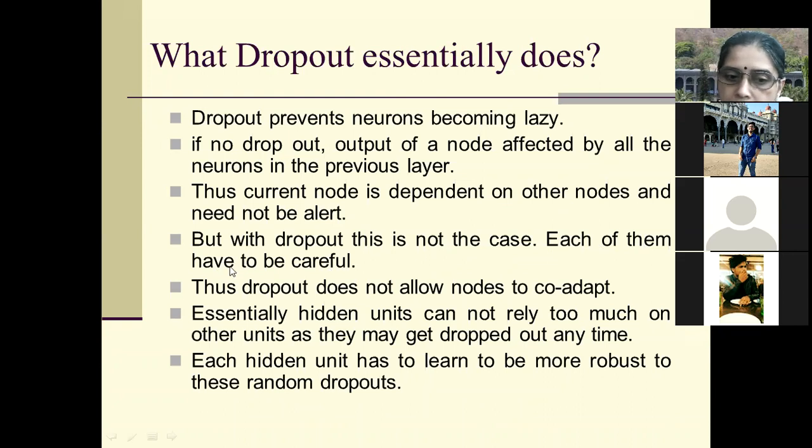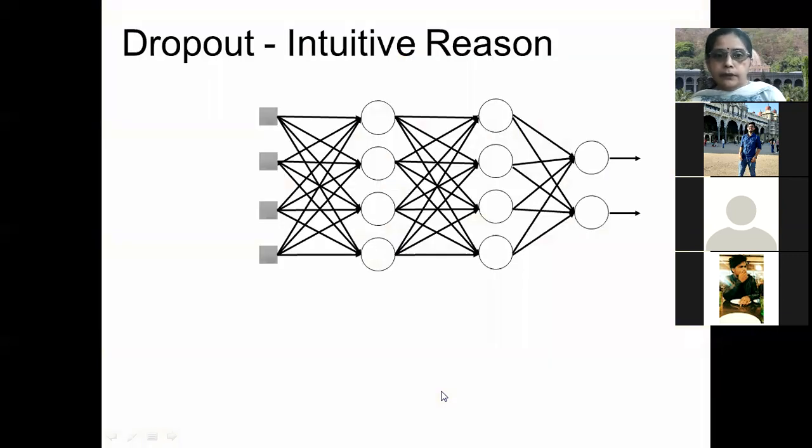Each of them has to be very careful. And thus, dropout does not allow nodes to co-adapt. Essentially, hidden units cannot rely too much on other units as they may get dropped out anytime. So each hidden unit has to learn to be more robust to random dropouts. So, dropout.